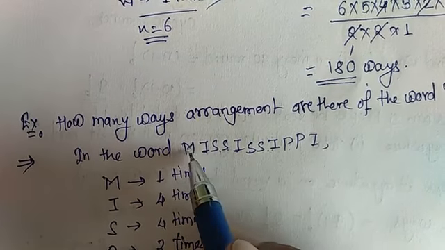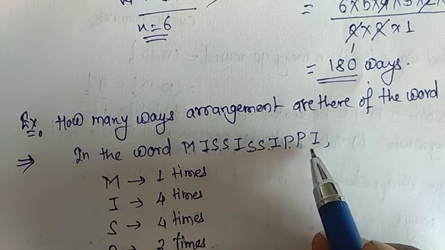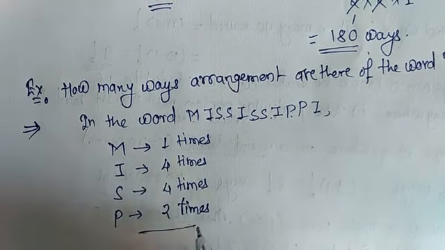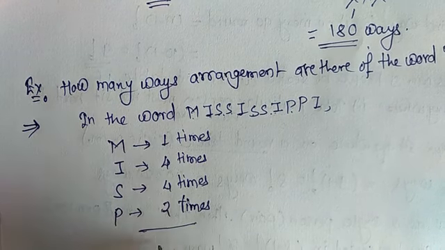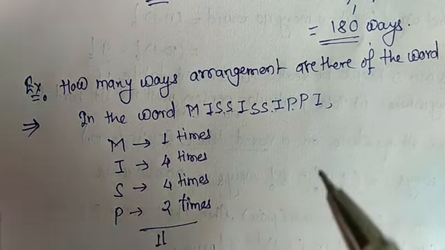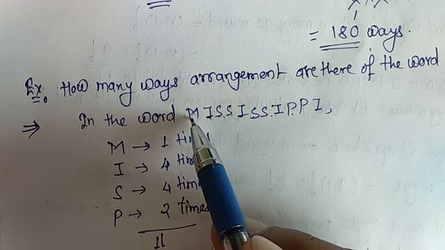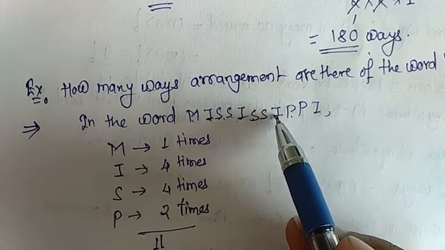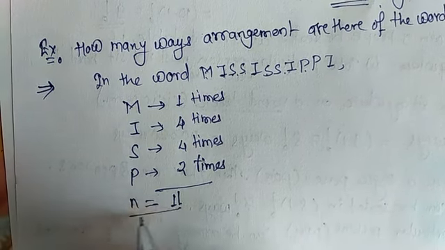If we check, M, I, S, P, there are 4 distinct letters in the word MISSISSIPPI. The total calculation is 4 plus 4 is 8, plus 2 is 10, plus 1 is 11. If we count the letters, 1, 2, 3, 4, 5, 6, 7, 8, 9, 10, 11, so n is equal to 11.